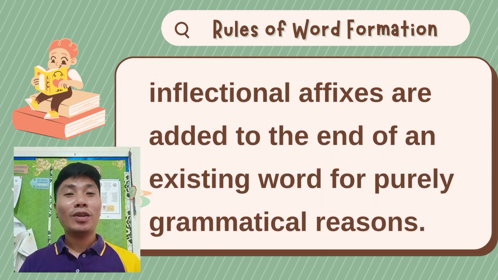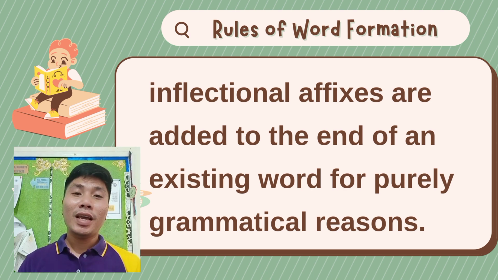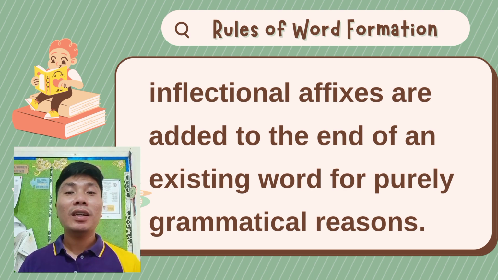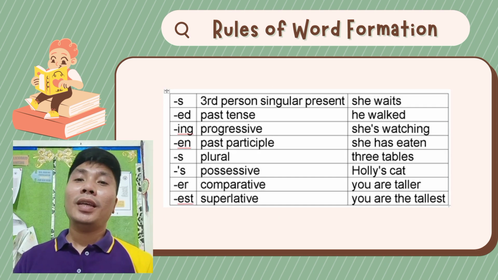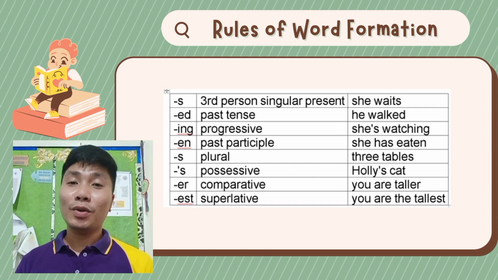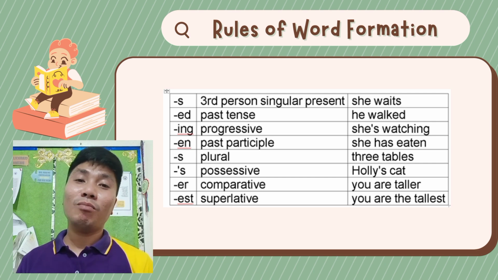While inflectional morphemes have affixes which are added to the end of an existing word for purely grammatical reasons. And for this, I have here an illustration to show you the 8 inflectional morphemes in English.